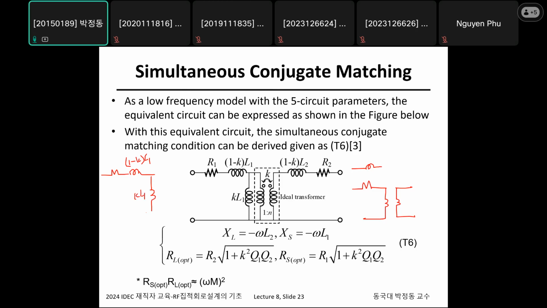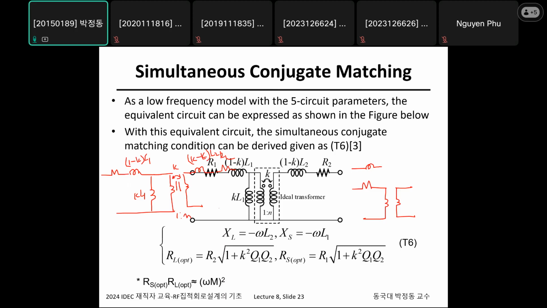Total, it becomes L1. And there is an ideal transformer, a 1 to n ideal transformer. And this is K, and this is 1 minus K and L2, and this is R2.